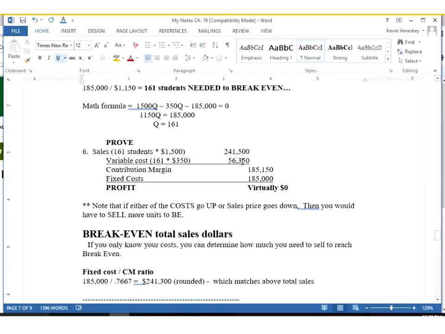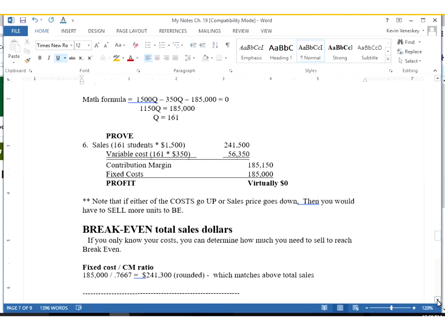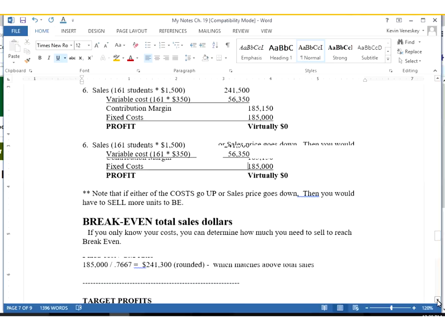Subtract my variable cost for those same 161 students at $350 apiece. When you subtract out these two, you have a contribution margin of approximately $185,000 minus my fixed costs of $185,000. Therefore, I have profit of nearly zero.